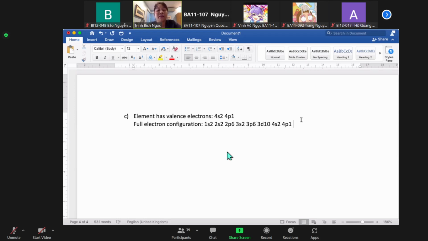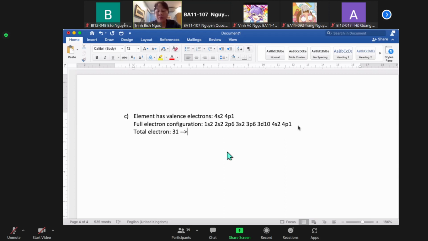It will be like this. So how many electrons? 20. Total electron will be 31. Okay. So the atomic number of this element is 31. And which group?